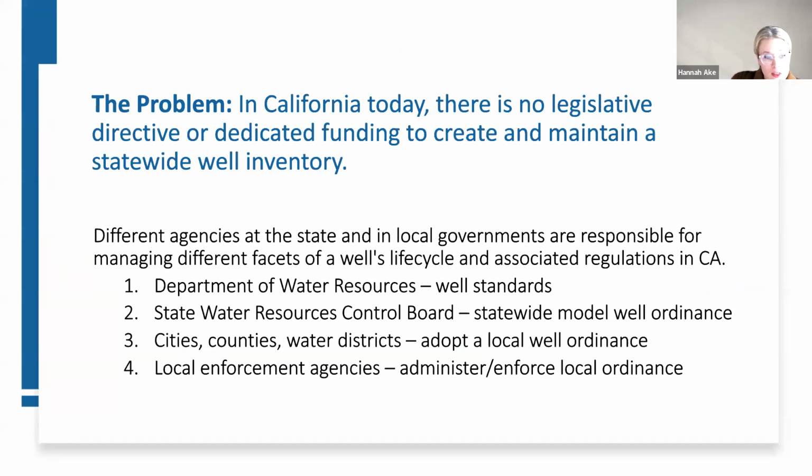At least two state agencies, at least one federal agency, and local counties throughout the state all play a role in well management in California, but no one state agency has the authority to manage a well inventory or to require that others use a specific type of identifier to track their wells.